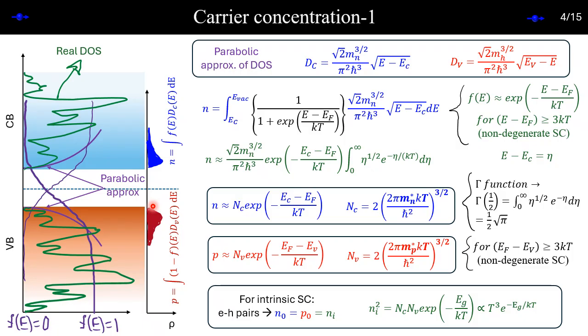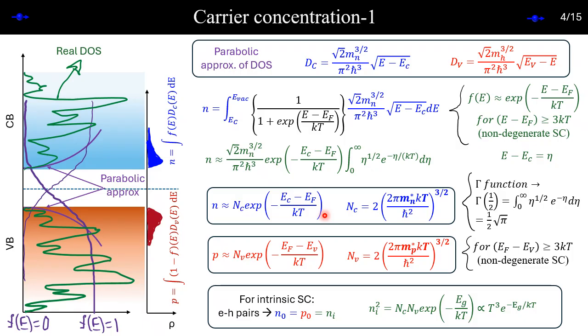Now you can do different things. This is quite a general expression, so as you change the doping, EF will change. Now if you consider an intrinsic semiconductor, what do you get?